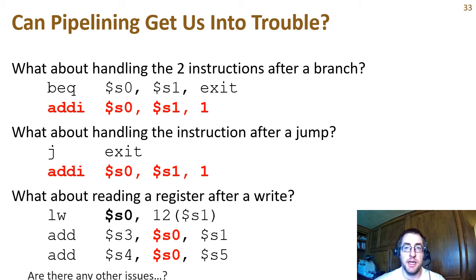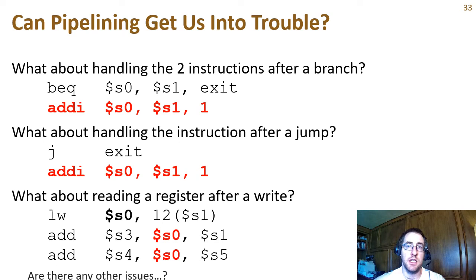So pipelining is great. There are some problems with it. One problem is handling instructions after a branch. The branch instruction is calculated, we're currently calculating it in the mem stage. We finish it, and in the mem stage we update the program counter.